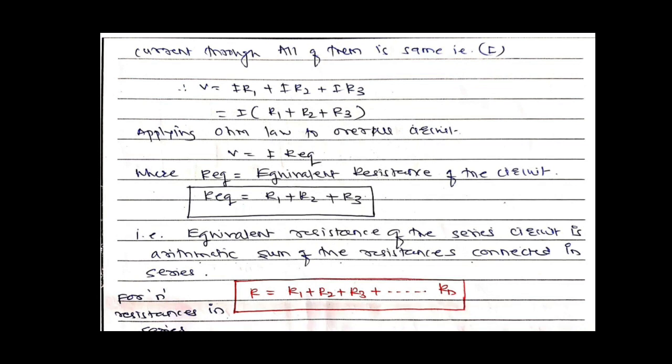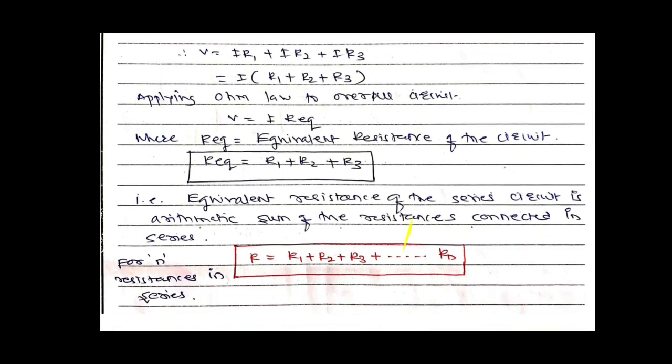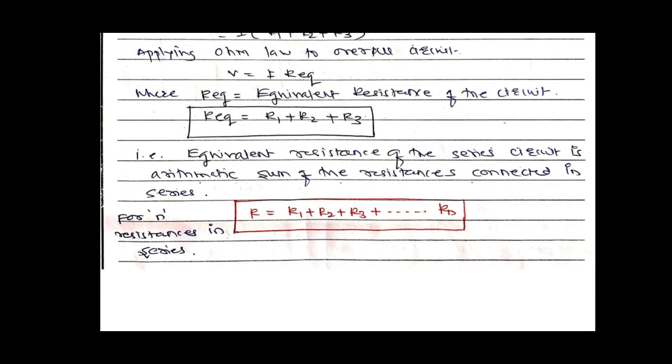You should always remember that if you calculate the equivalent resistance of a series circuit, then you should consider the arithmetic sum of the resistances connected in series. Therefore the total resistance is equal to R1 plus R2 plus R3 and so on up to Rn. This is for n resistances in series.